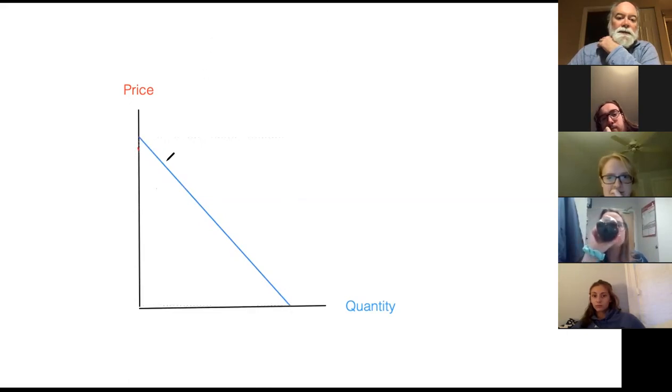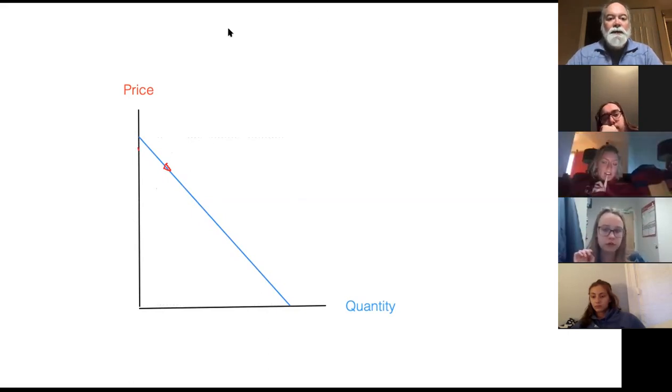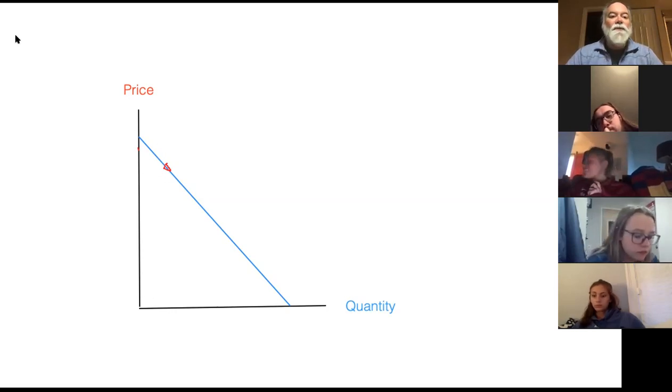How about that point right there? What do we know from that point right there? We know two pieces of information. The quantity demanded at a given price. Yes, we know the price and we know the quantity. That's really important information, okay? And here's why.